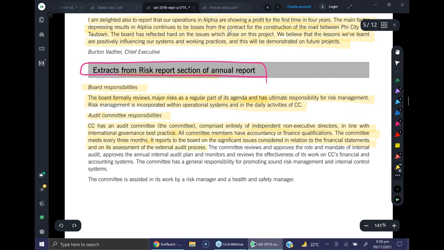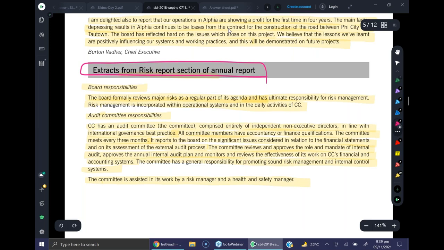The committee reviews and approves the role and mandate of internal audit, approves the annual internal audit plan, and monitors and reviews the effectiveness of its work on CC's financial accounting system. The committee has a general responsibility for promoting sound risk management and internal control system. The committee is assisted in work by a risk manager and a health and safety manager.